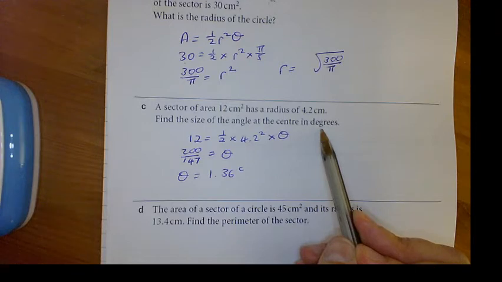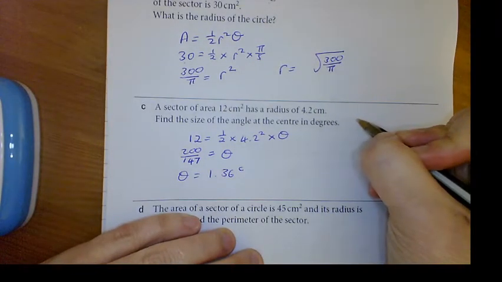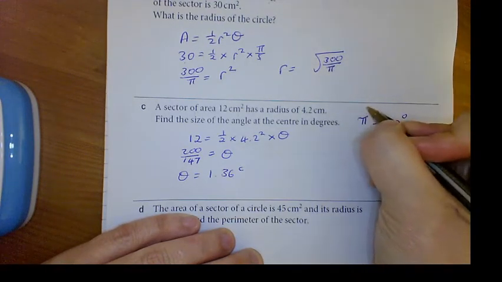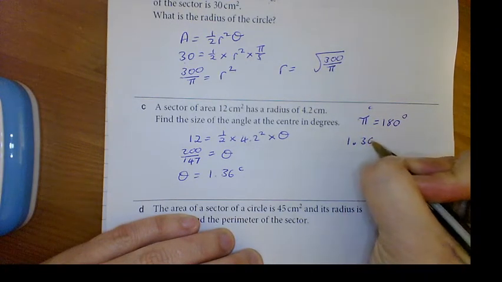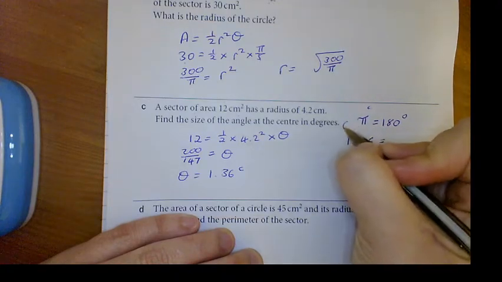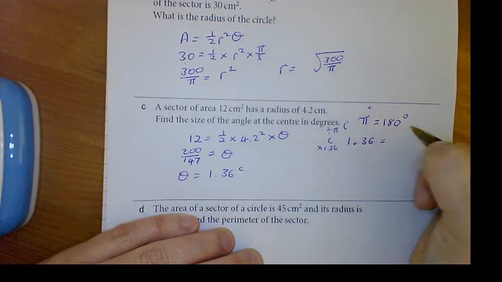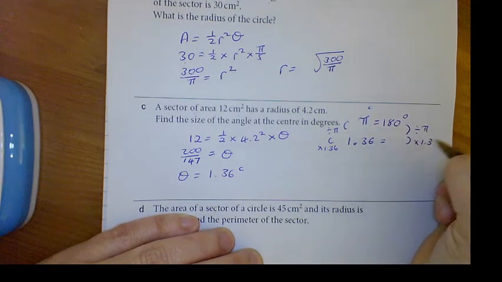Now, I'm going to do this a ratio way. You might think I'm a little odd, but this is how I do it. I know that pi is equal to 180 degrees. This is my radians. These are my degrees. So I want to get down to 1.36. I'm going to divide by pi and times by 1.36.